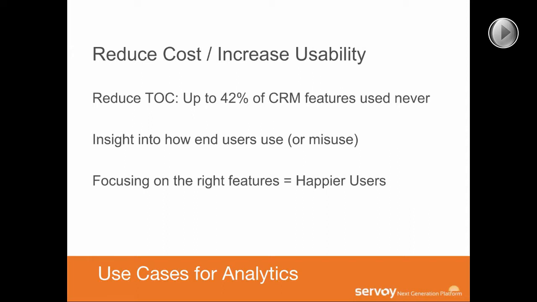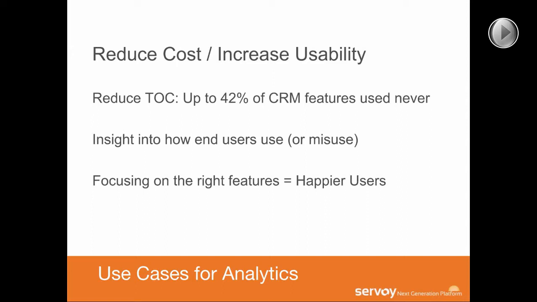There was a report by, I think, Gartner. It's an older report, but it was up to 42% of CRM features are used never. And that percentage increases if you take into account features which are never or rarely or occasionally used. And this translates into a real cost to the software vendor or to the enterprise because they have to maintain that code base, they have to deploy it, etc. So the total cost of ownership comes into play.